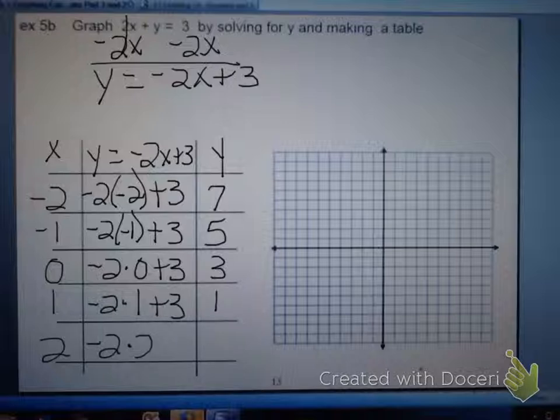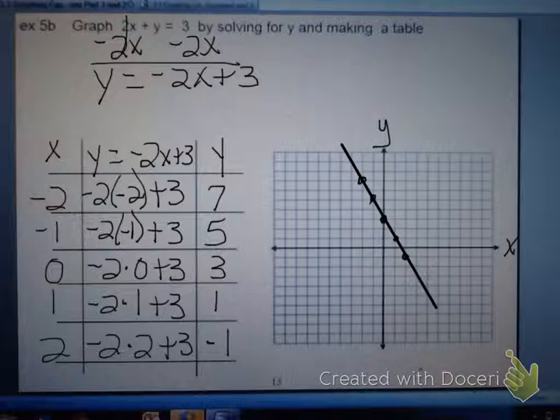And negative 2 times 2 is a negative 4, plus 3 is a negative 1. Make sure you label your x and y axis and plot the points. After you plot the points, draw your line. And again, make sure that you extend your lines past your points with the straight edge and put arrows.